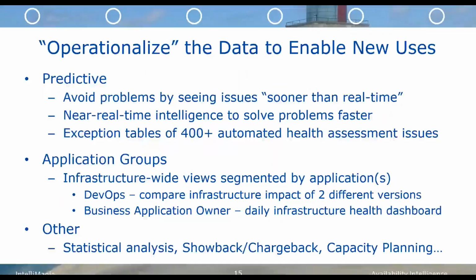Basically, what we're trying to do here is operationalize the data, to enable new uses for performance management of the storage infrastructure, and to become more predictive, seeing issues sooner than real-time problems happen, with these kinds of ratings.